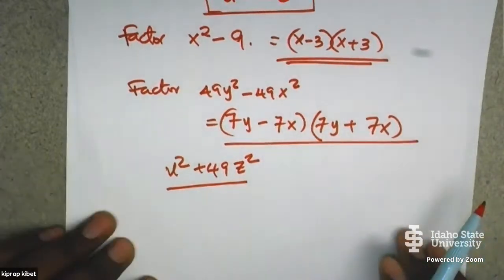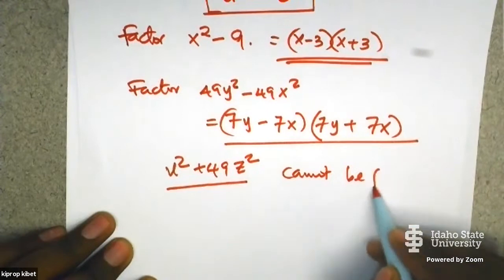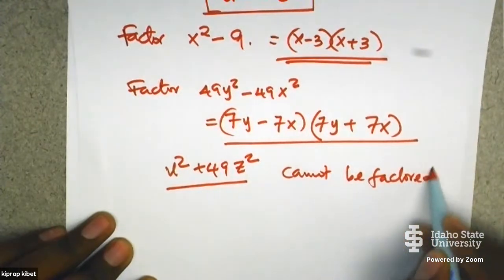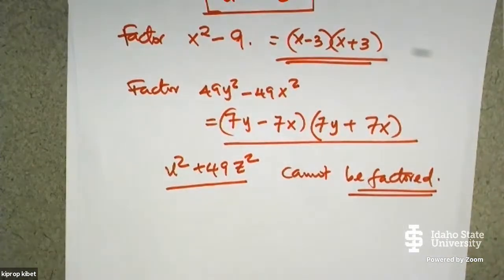You can say it cannot be factored, because that is the sum of squares. It is not a difference of squares.